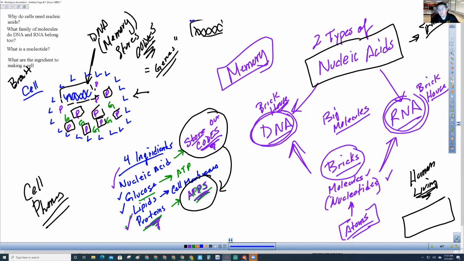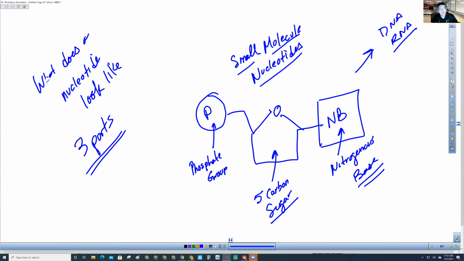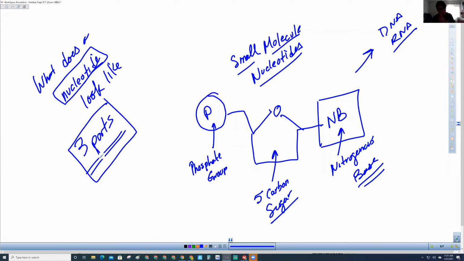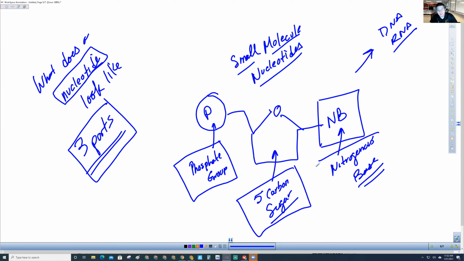So the code starts by knowing what a nucleotide is. You can't understand the code and how it works unless you know what a nucleotide is, right? How many parts does a nucleotide have, Efren? 3 parts. Very good. Okay, phosphate group, 5 carbon sugar, nitrogenous base.